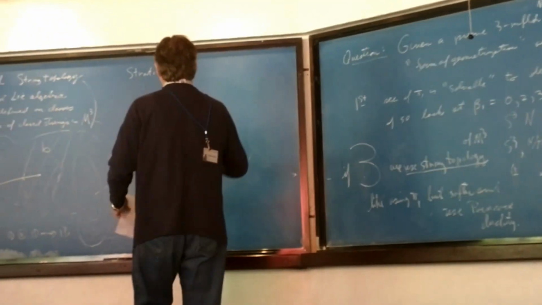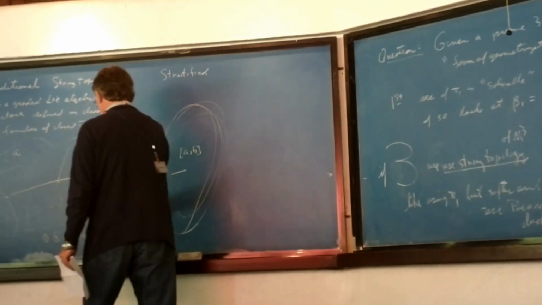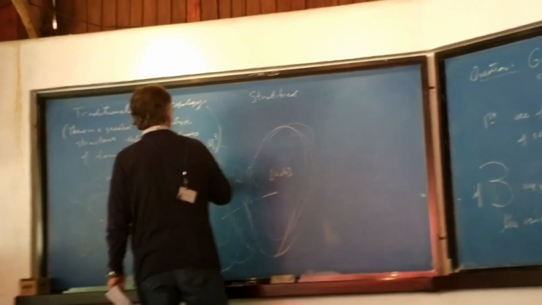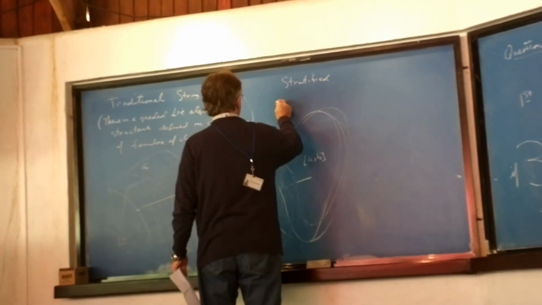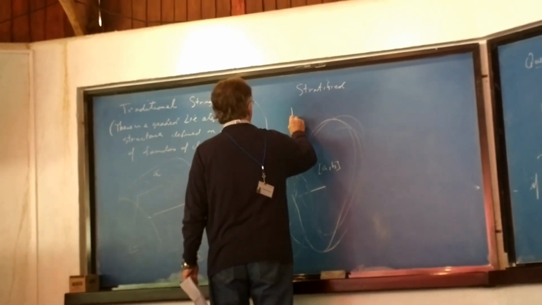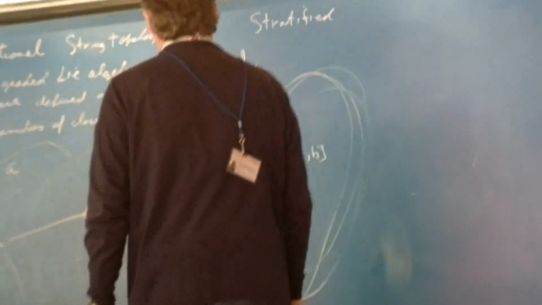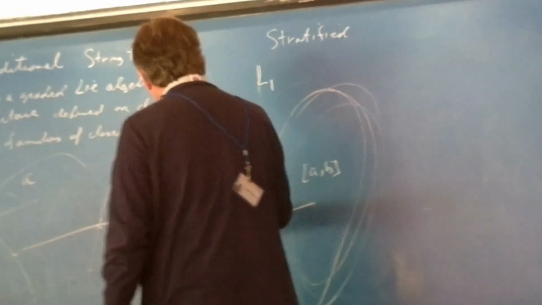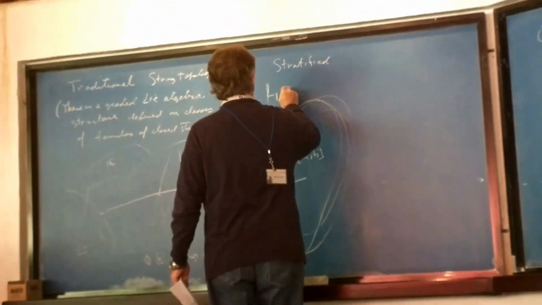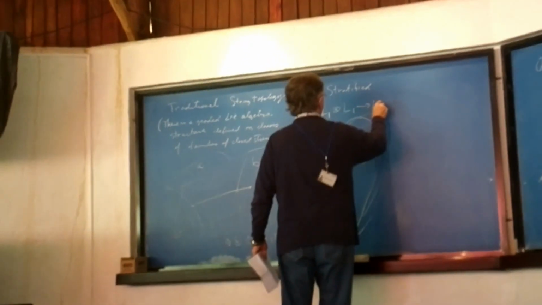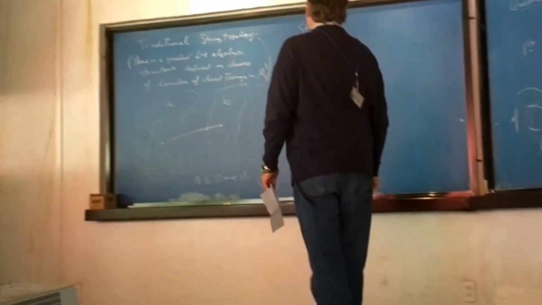But then what you get, if you call this the homology classes of one-dimensional families of closed strings, call it L1, so like the three loop space, so L1 is the one-dimensional families of closed strings. And this gives a map from L1 tensor L1 to L1. And this satisfies the Jacobi identity.